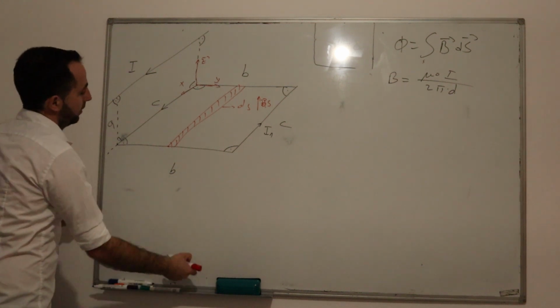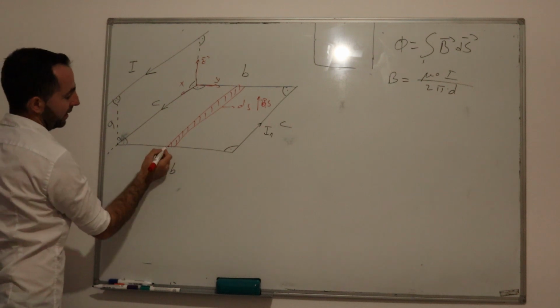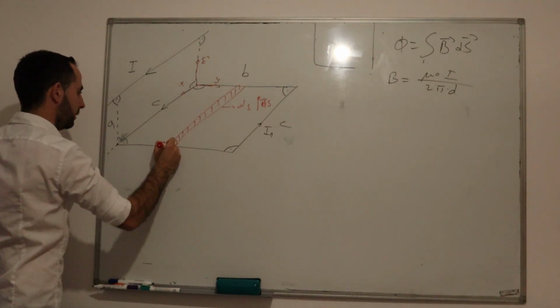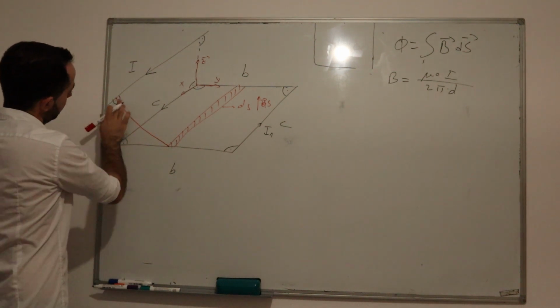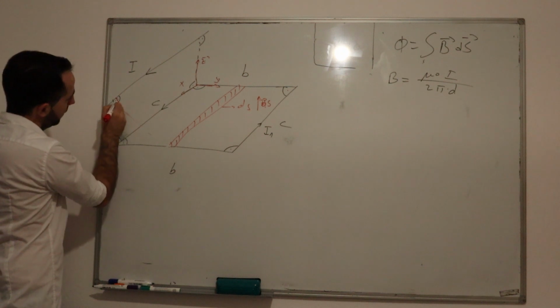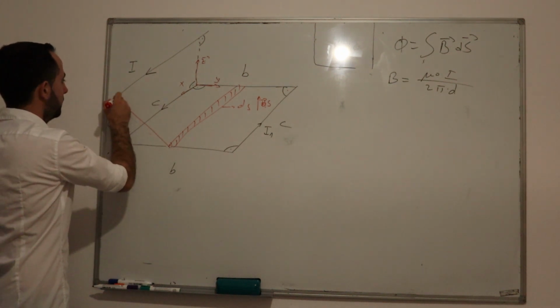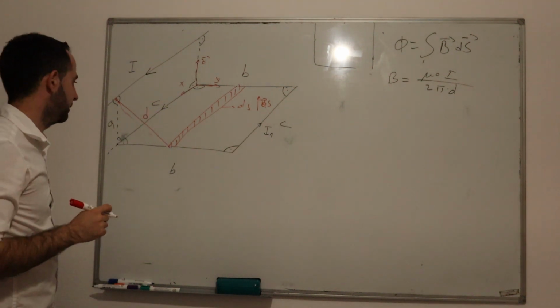But what is the difference here? Here we have our ds, which means we need B at this point, and its distance is d. This is our distance.